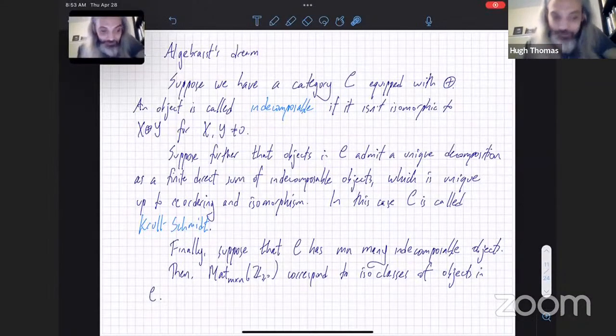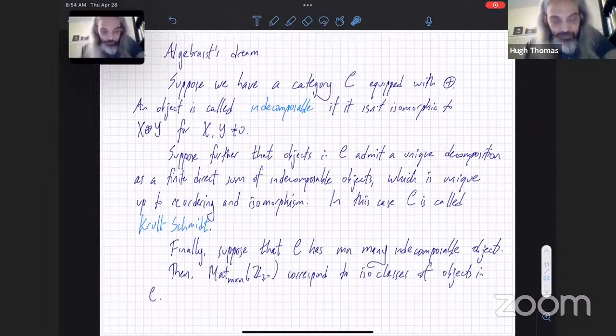So let's suppose that we have a category, and it's an additive category. So it's equipped with a notion of direct sum. Then we can say that an object is indecomposable if it isn't isomorphic to a direct sum of two non-zero objects. Let's suppose further that we have a category where every object admits a unique decomposition as a finite direct sum of indecomposable objects, unique up to reordering and up to isomorphism.